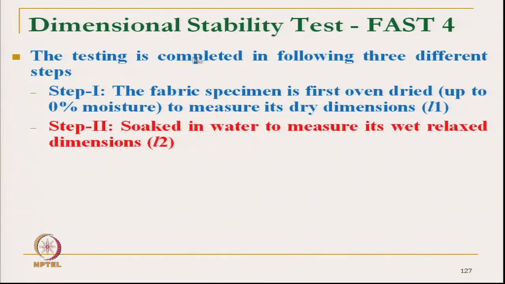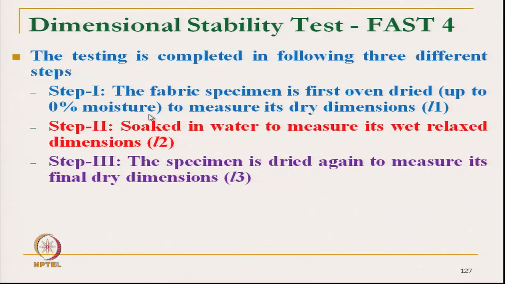The testing is completed in the following 3 steps. In step 1, the fabric specimen is oven dried. First we have to oven dry the specimen to 0% moisture regain to measure the dry dimension. Say L1 is the dry dimension, then it is soaked in water, and the wet relaxed dimension is L2, and the fabric is then dried to measure the final dry dimension, L3.